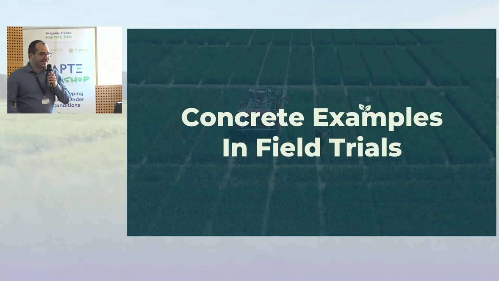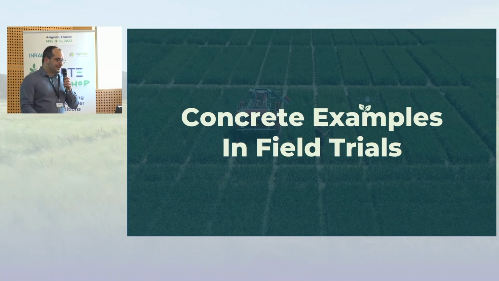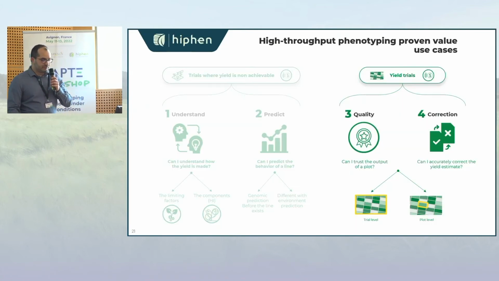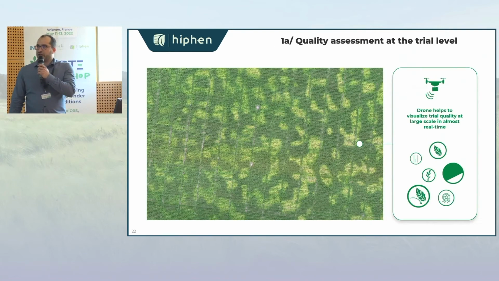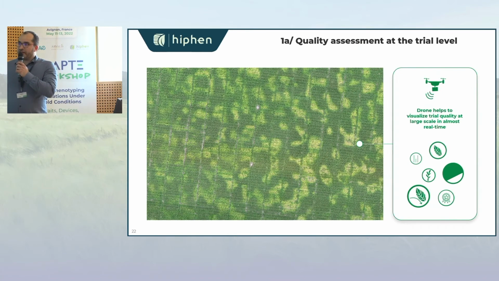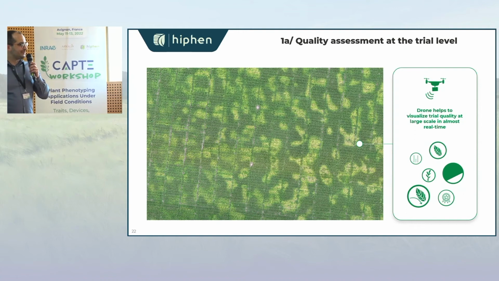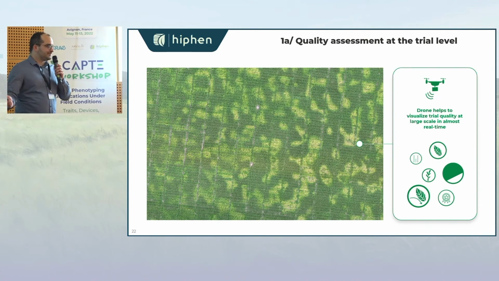Now, if we have yield, it's simple. People just want yield. I haven't really been confronted with people interested in other metrics than yield, except for academics. Then I want yield, but I have, and this is a true example from a customer trial, a field like that.